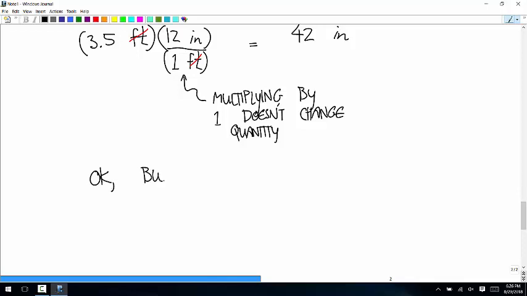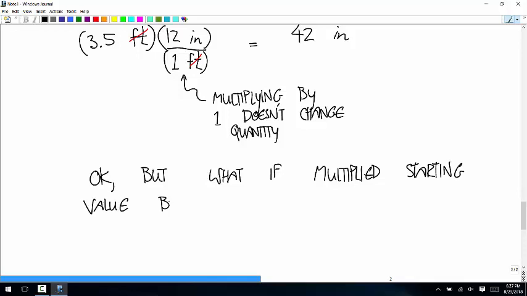Okay, but what if instead of multiplying by 12 inches over 1 foot, I'd switched the order and multiplied our starting value by 1 foot over 12 inches? Okay, so let's do that.